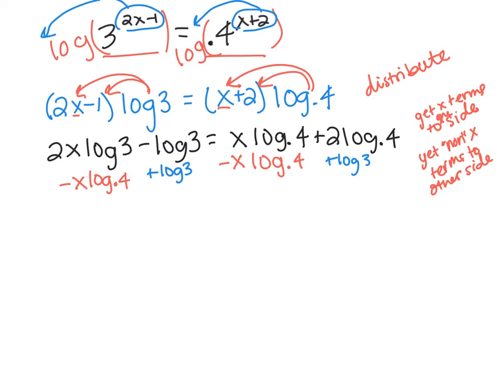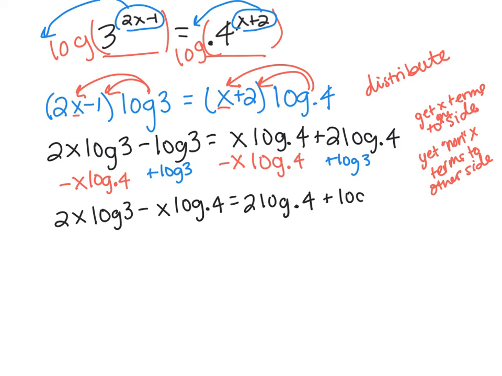Now, we can't actually combine anything here because we don't have the same types of logs. So the left side is just going to stay as 2x log 3 minus x log 0.4. So all we're doing is rearranging. The right side will have 2 log 0.4 plus log of 3.